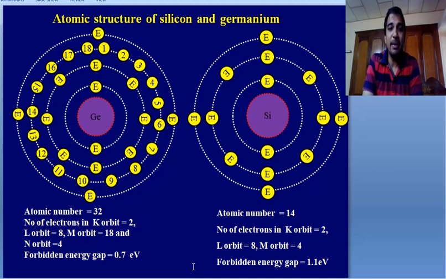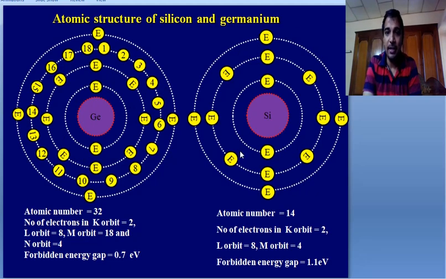The basic semiconductors we use are silicon and germanium. This is germanium. It has 4 valence electrons in the outermost orbit. Atomic number is 32. You can check how they are accommodated in orbits: first orbit 2, next orbit, you know the 2n square formula.